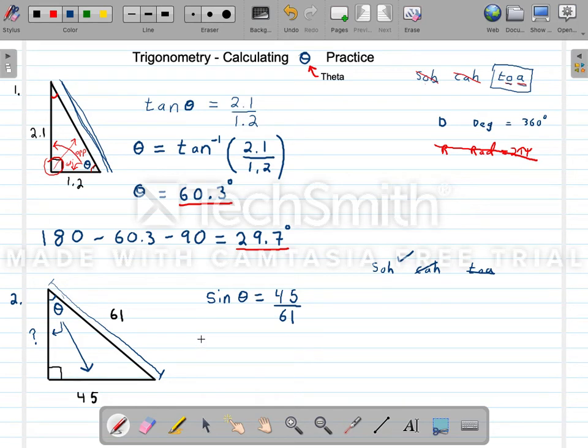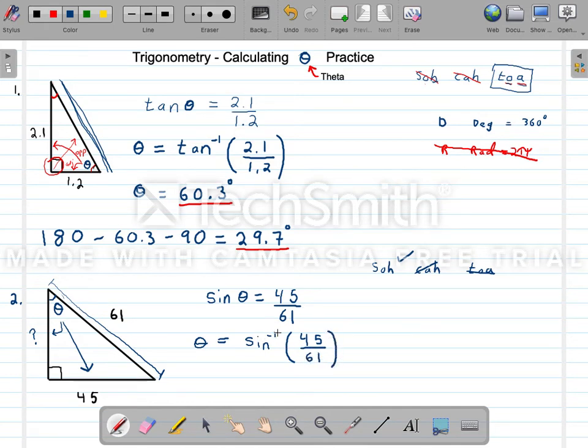So solving for theta, the way you do that in trigonometry, theta equals the sine inverse of this. Sine to the power of -1 of that exact same number over here, 45 divided by 61.